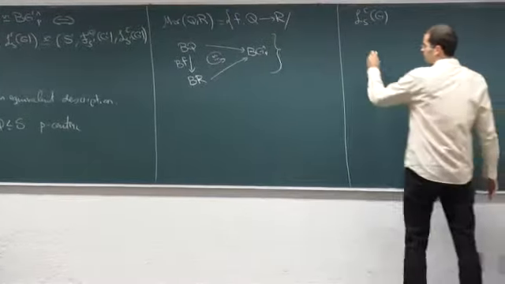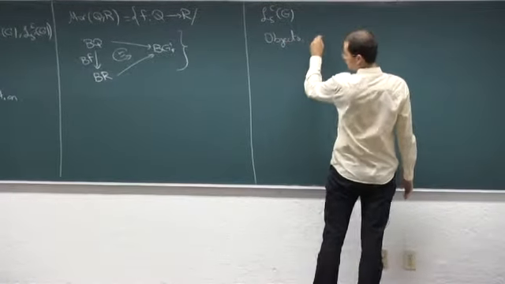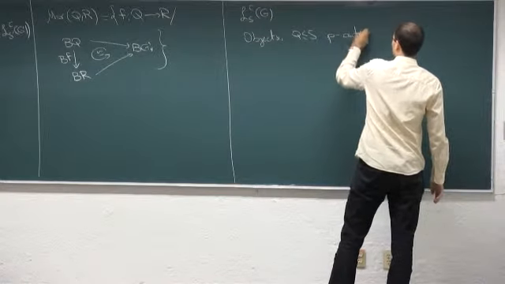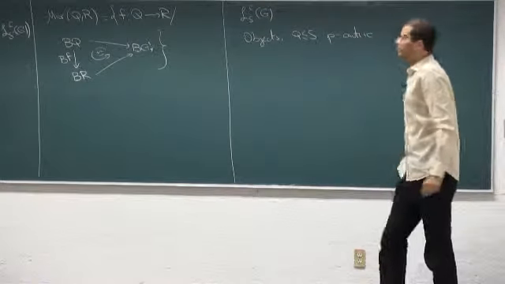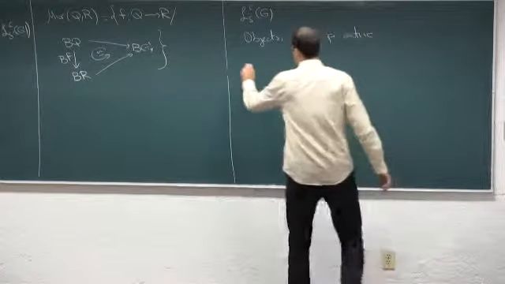So again, the objects are the same. The objects are P-centric subgroups. But now the morphisms are given by a bit more information than that.